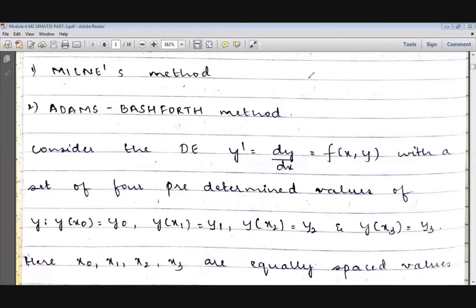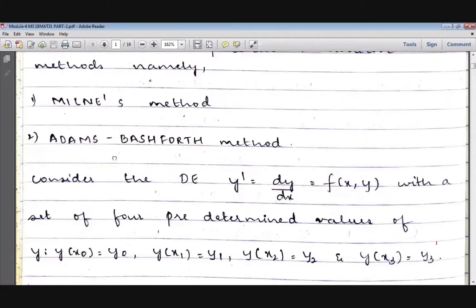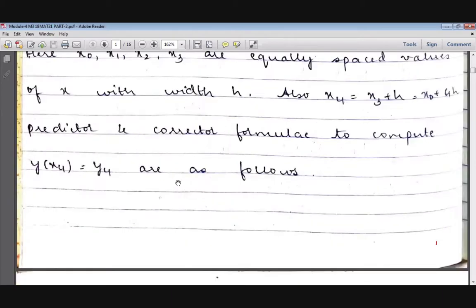In that, first we have Milne's method, then Adams-Bashforth method. First we need to write the formula.